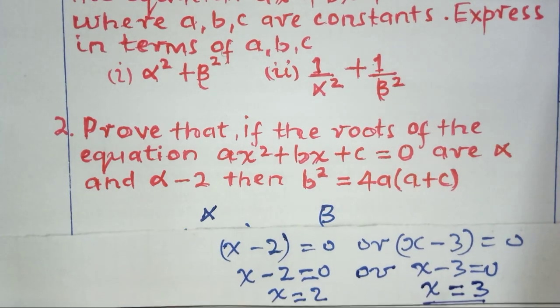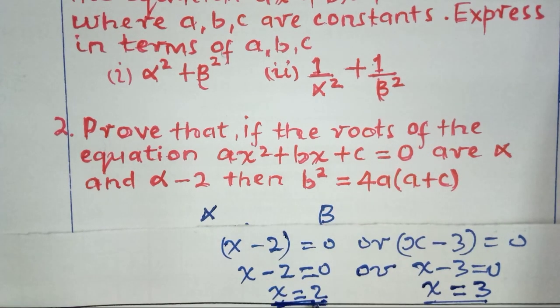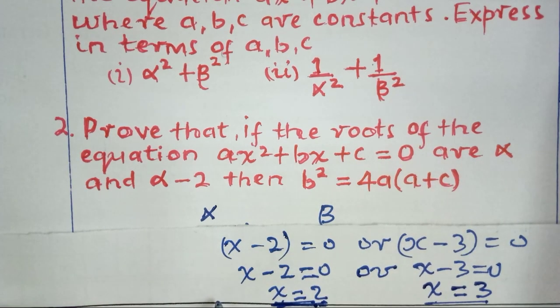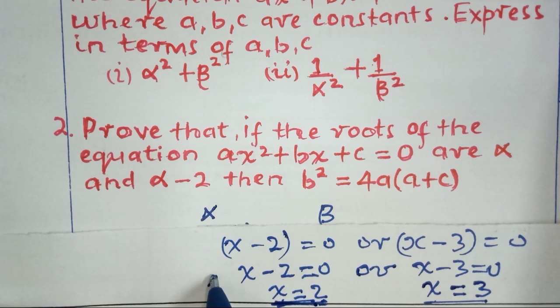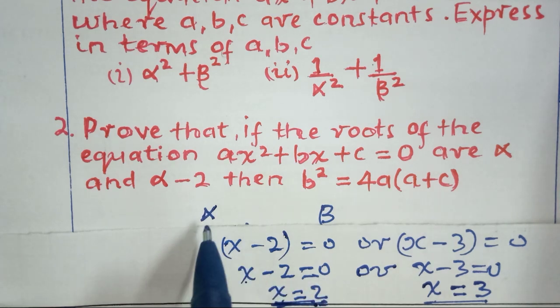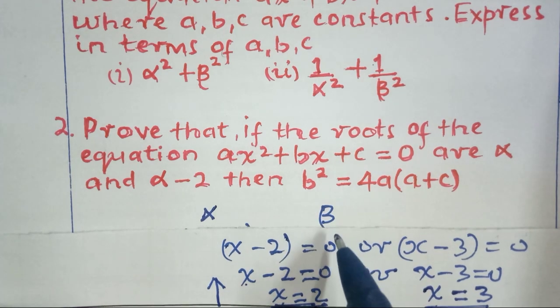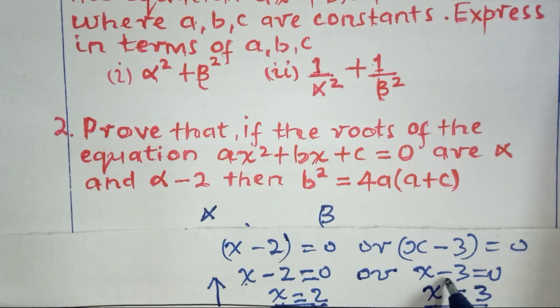So what we are now doing is that we are coming from the position where we are given our roots, and now we are reversing. In our case, we shall say x minus alpha equals 0, and in this other case, we shall have x minus beta equals 0.